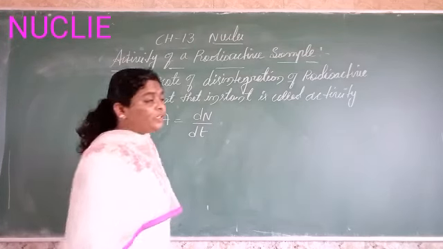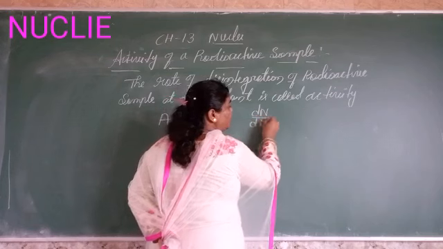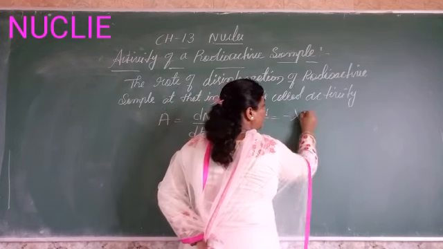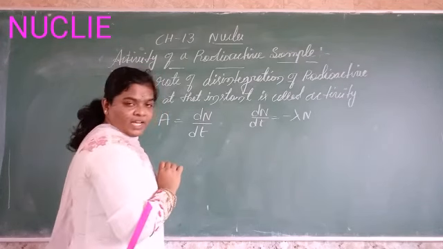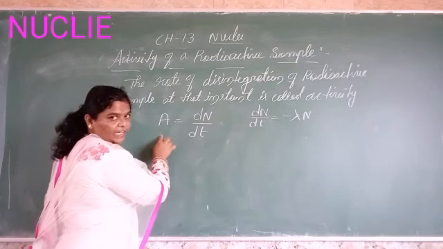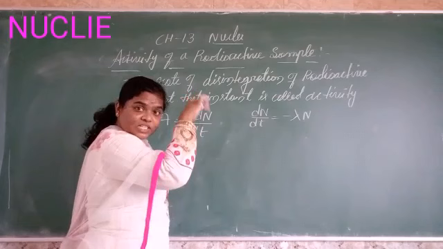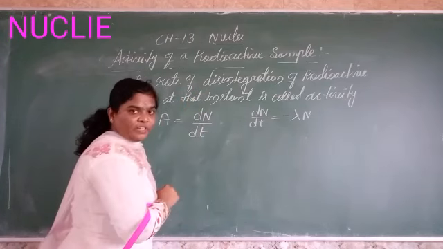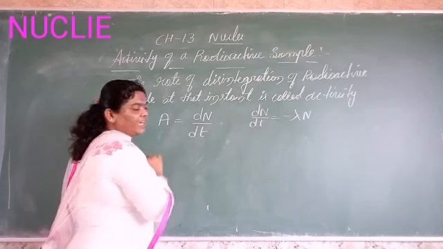According to the radioactive decay law, dN by dt is equal to minus lambda into N. So the activity means the rate of disintegration of the radioactive sample at that instant.